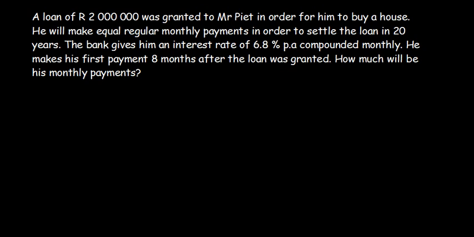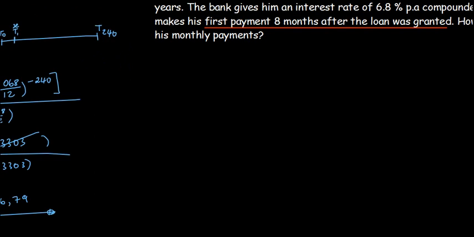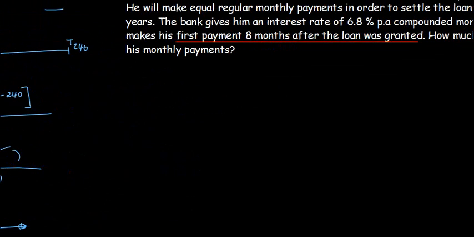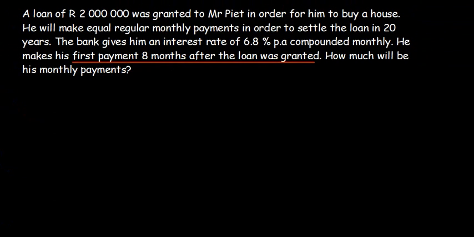So I've just changed the question a bit. Now the question says he makes his first payment 8 months after the loan was granted. How much will be his monthly payments? I want you to take note of the monthly payments we had when he paid on time. Then I want you to check the monthly payments here when he has missed some payments.